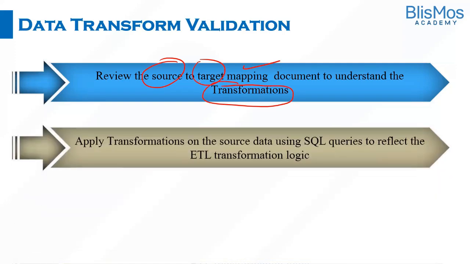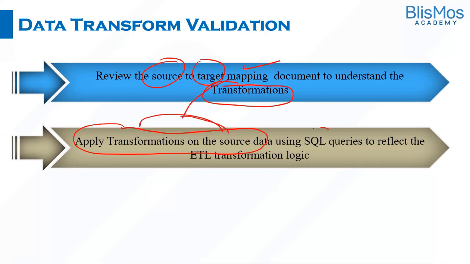After that, you have to apply the transformation on the source data. So what would have happened is the developer would have used a particular tool like SSIS or Informatica or Azure Data Factory, and they would have transformed and loaded the data to the target. But as a tester, you have to apply the transformation as per the mapping document on the source data.